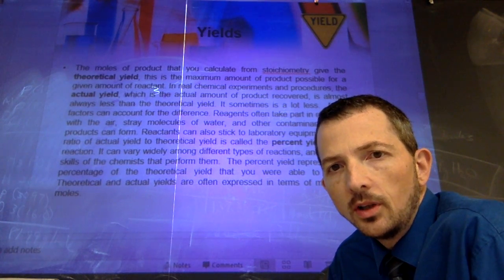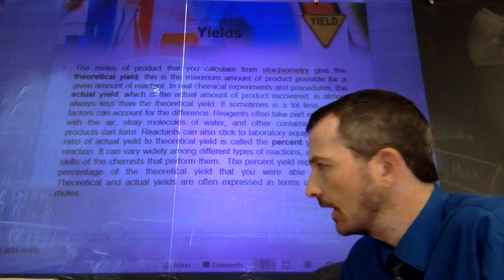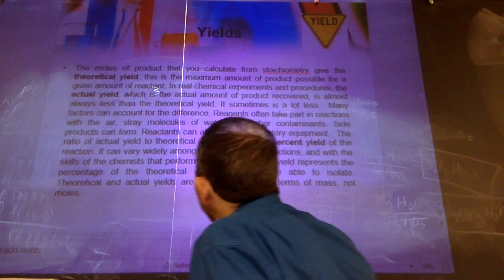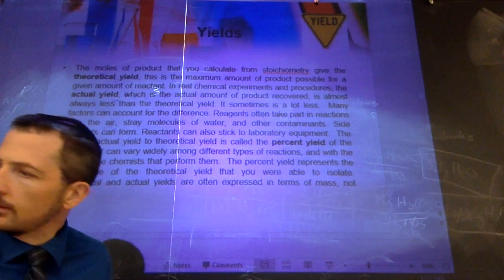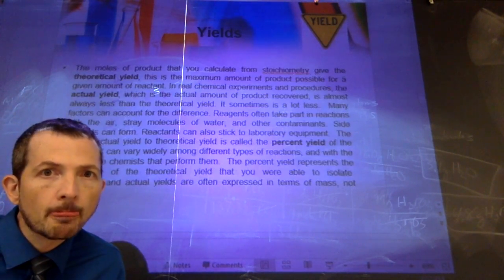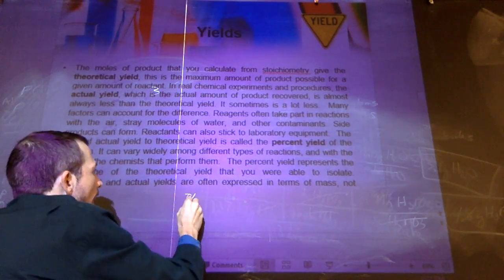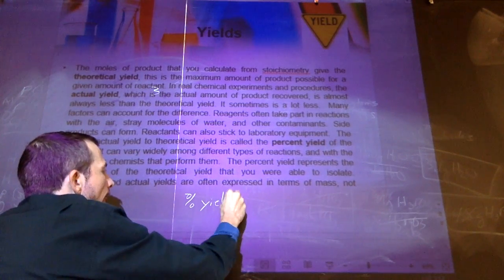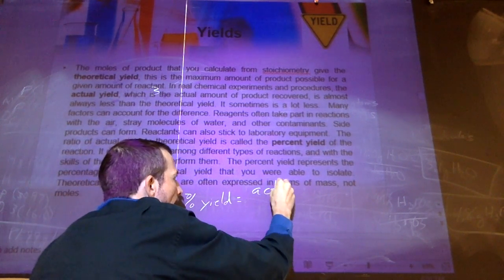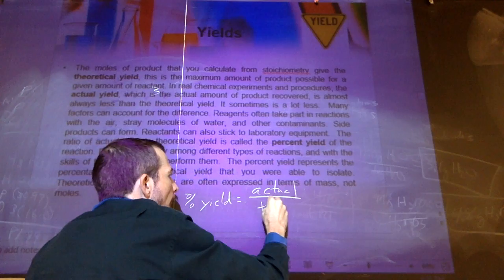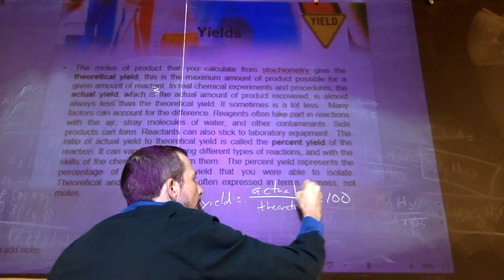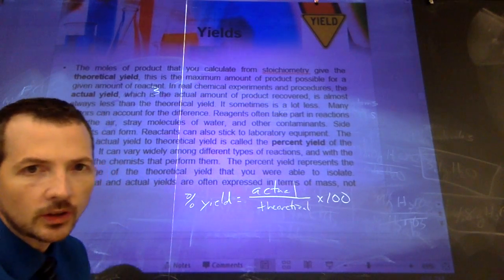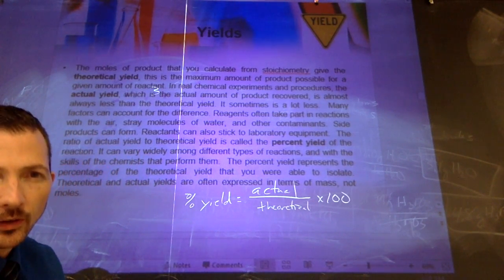And so your percent yield is then found by taking your actual yield, divide by your theoretical yield times 100.